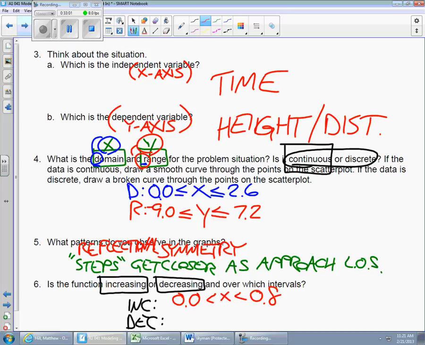They don't get the equals part of that inequality simply because at 0.0, the graph is not doing anything. It's just sitting there. At 0.8, the graph is not doing anything. It's just sitting there. So we really don't want to include 0.0 and 0.8, but in between 0.0 and 0.8, it is increasing.